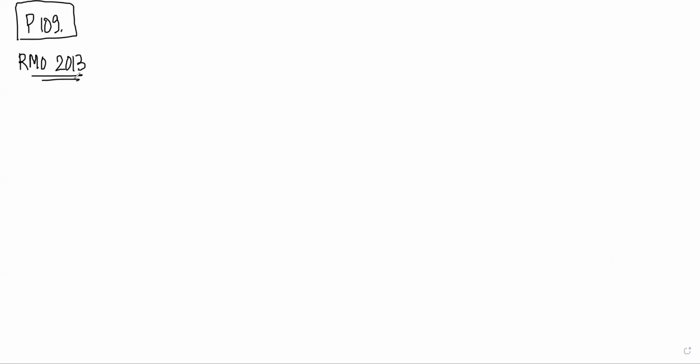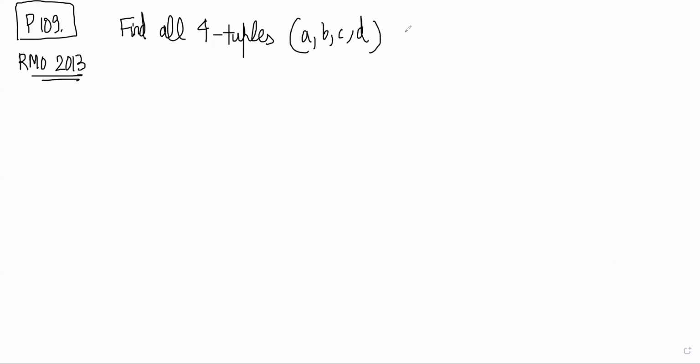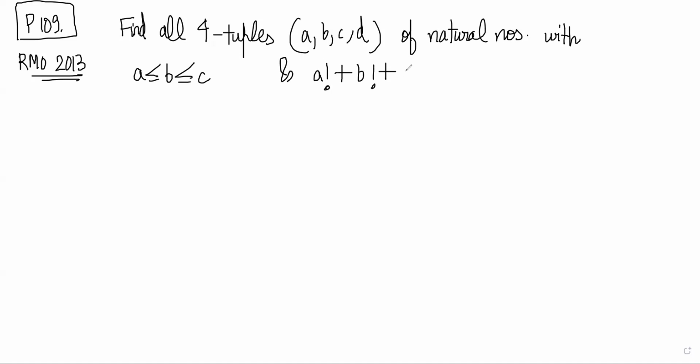So this problem says: find all 4-tuples (A, B, C, D) of natural numbers with A less than or equal to B less than or equal to C, and A factorial plus B factorial plus C factorial is equal to 3 power D.